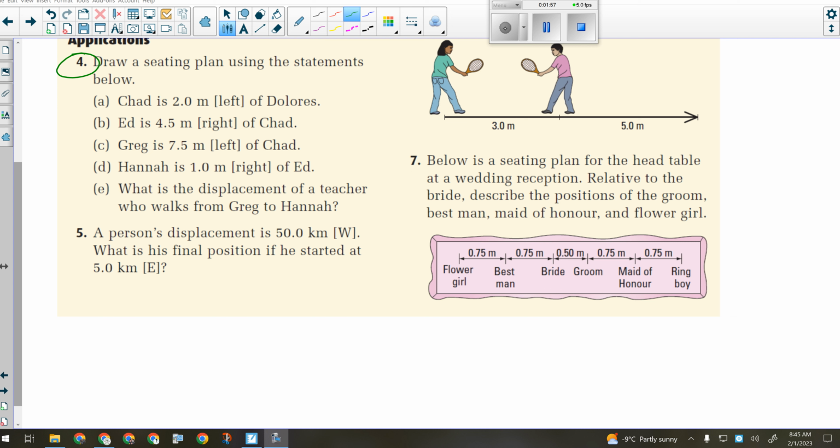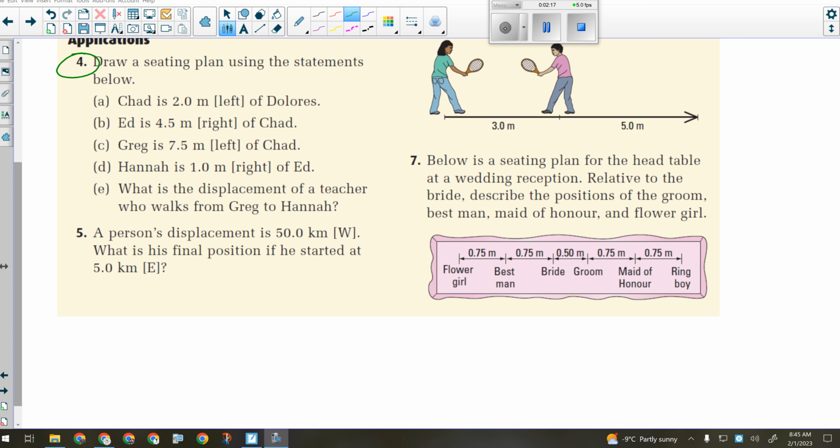In that question, who is the reference point? I think it's Chad. It's Dolores. Chad is usually the answer that I get, because he's the first person that people draw, because he's attached to a number. Dolores isn't.